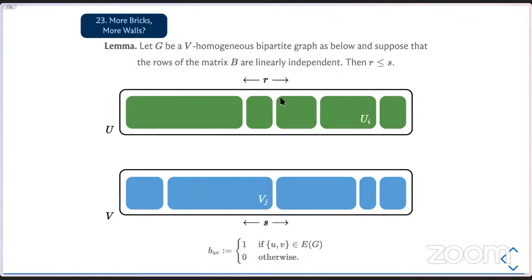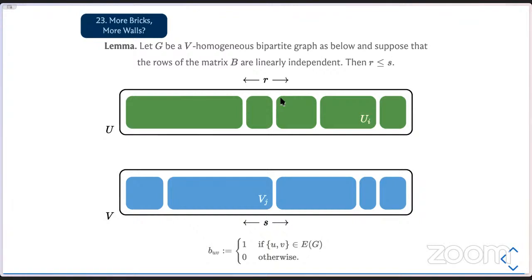Therefore, R is the number of walls we can build using K bricks. S is the number of walls we can build using L bricks. And we wanted to say that S is at least R, right? So this lemma seems to give us the conclusion that we want. So if we know that our graph satisfies the premise of the lemma, then we are done.